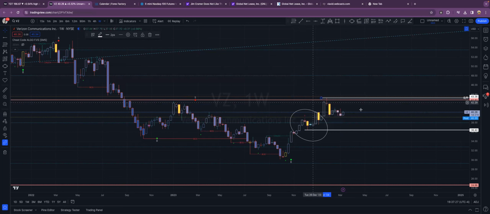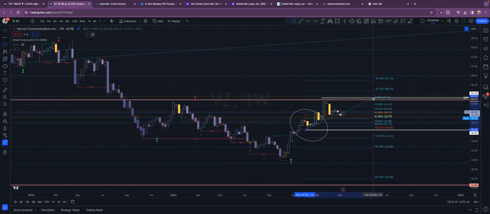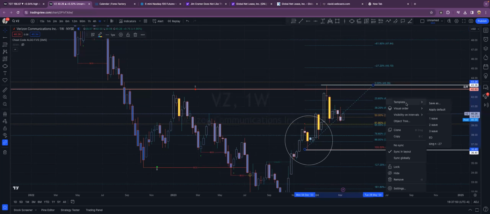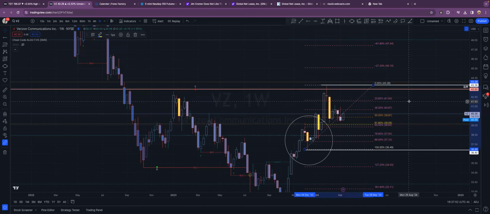So currently, in the last 52 weeks, Verizon has been trading between 36.40 and 43.26 with a tightening of the range. So we can actually run a fib from here, right? Since it's been in a little uptrend, let's run a fib. They're currently at a 50% discount of the 52-week high-low, right?